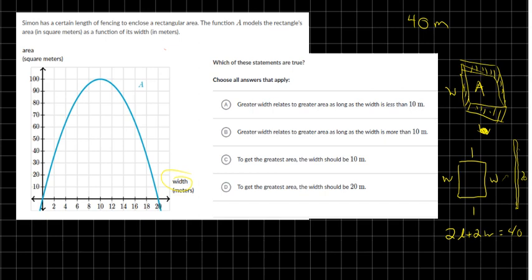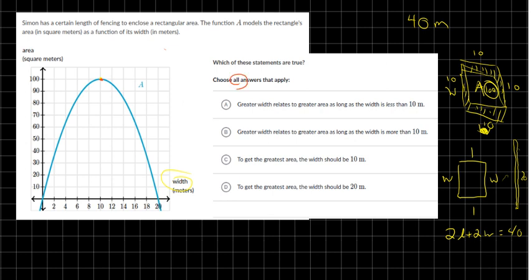If we're here, then we end up with 10 and 10, and we'll have 100 square meters, which looks to be about where we want it up here. So, which of these statements are true?